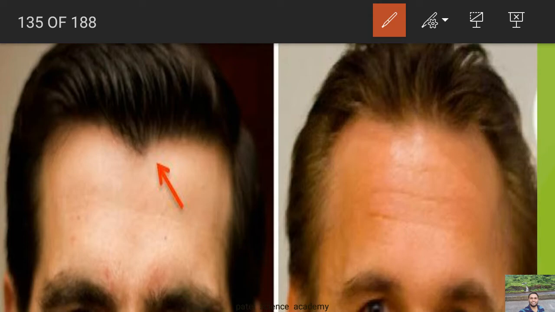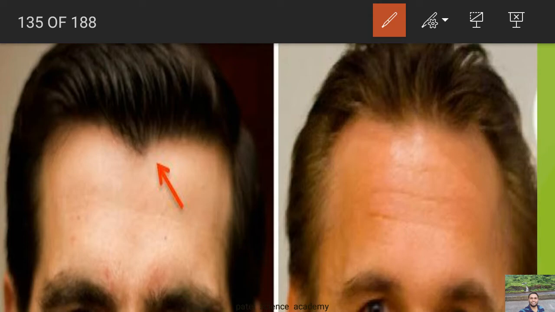So widow's peak occurs in homozygous dominant and heterozygous individuals. It is indicated by W. Homozygous dominant is indicated by capital W capital W, and heterozygous by capital W small w.